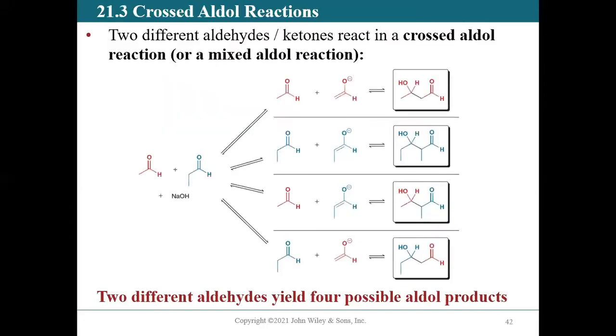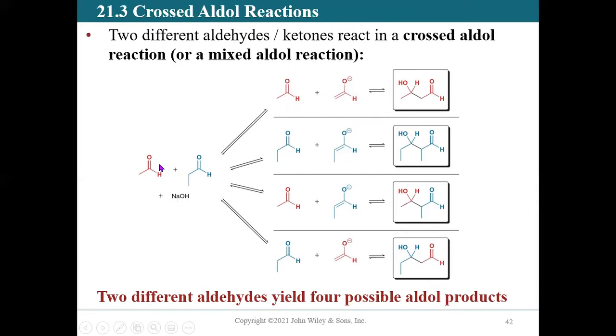Two different aldehydes and ketones can react in a cross aldol reaction or mixed aldol reaction. That will give you a lot of possible products. Here are two examples of aldol reactions under basic conditions.